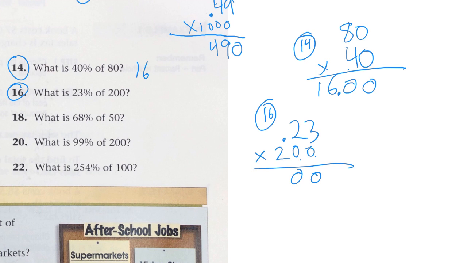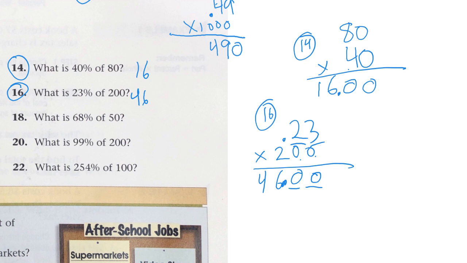Now 2 times 3 is 6, and 2 times 2 is 4. We've got 2 decimal places, so we move 2 decimal places. So 23% of 200 is 46.